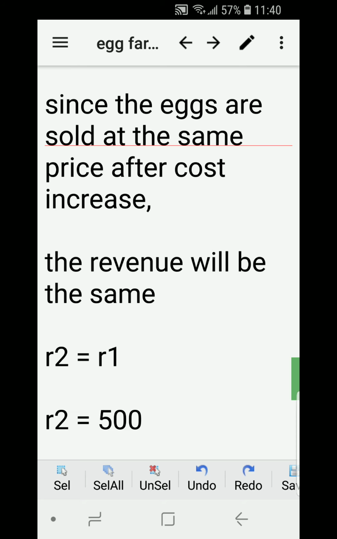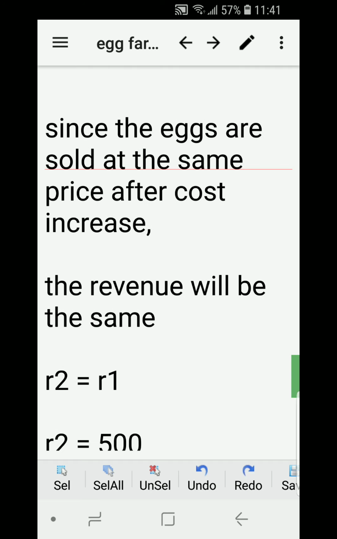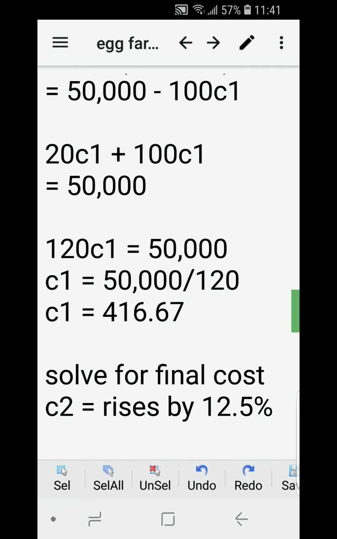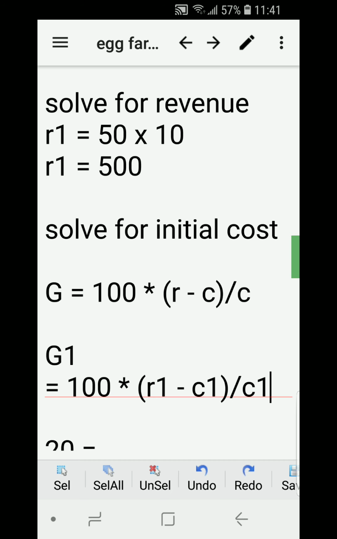Okay, so since the eggs are sold at the same price after cost increase and the revenue is the same, he kept the same price. So we've got R2 is equal to R1, 500, which we calculated in here.